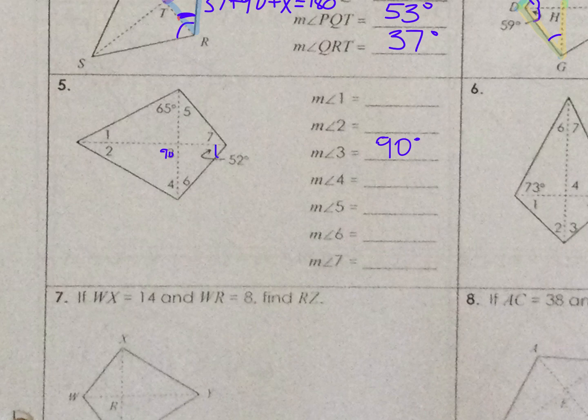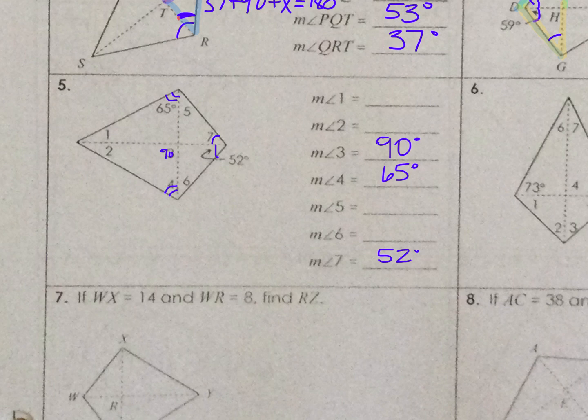We know that this angle is the same as that angle. So if the bottom one's 52, 7 would also be 52. We know that this angle right here is the same as angle 4 down here. So that one's 65. Angle 4 is 65. Look at all this stuff we know without even having to do math.